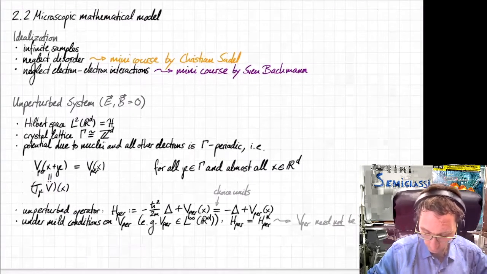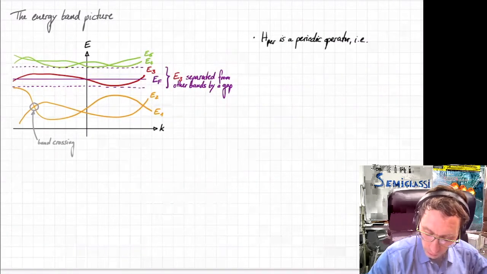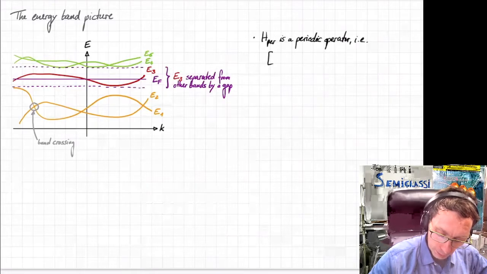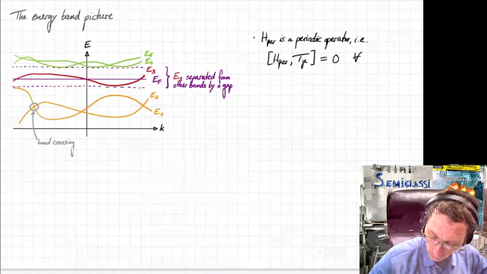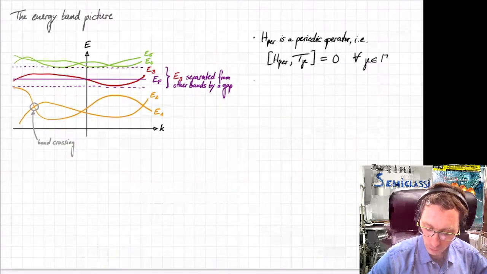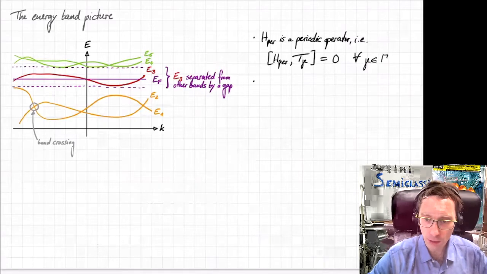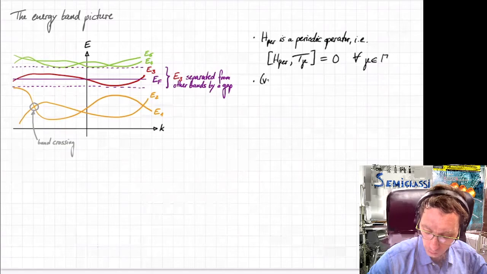This is just a shift by a lattice vector. Then the operator is periodic in the sense that it commutes with all lattice translations. And that means we can use the discrete Fourier transform or a variant of the discrete Fourier transform, the so-called Zak transform.